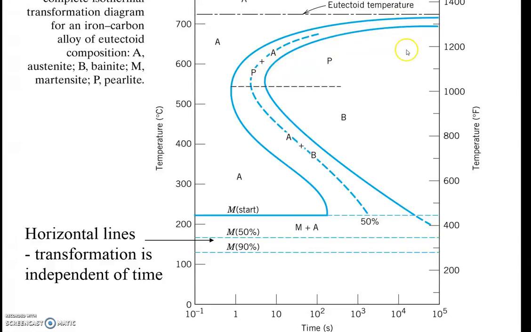Some other things we talked about last class. Recall that if we transformed austenite to pearlite close to the eutectoid temperature, we would end up with coarse-grained pearlite, as opposed to when we're closer to that 550-degree line, where we end up with fine-grained pearlite.